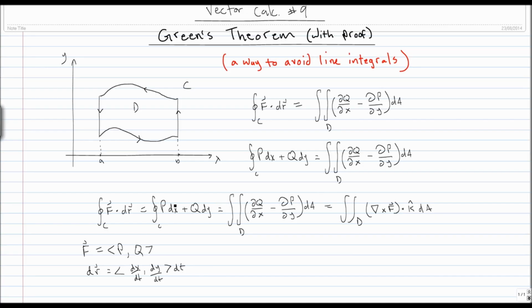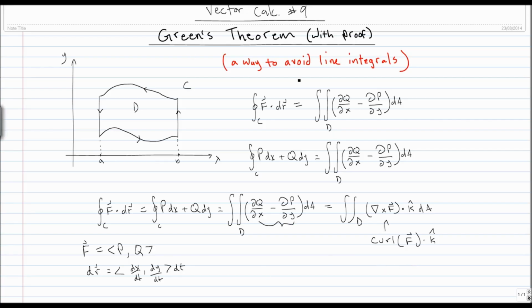And then Green's theorem states that the line integral around the closed curve C is equal to this double integral, where this thing right here is actually equal to the curl of F. So sometimes that's written like this, dotted with the unit vector in the k hat direction.